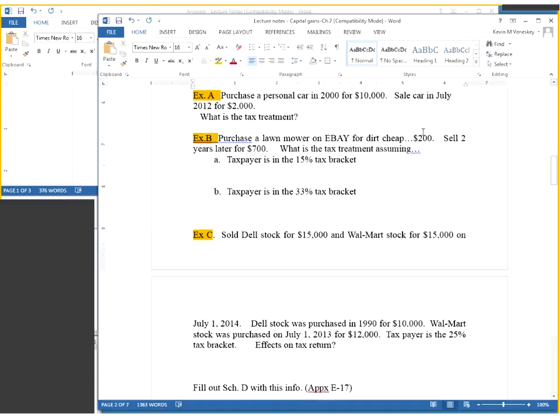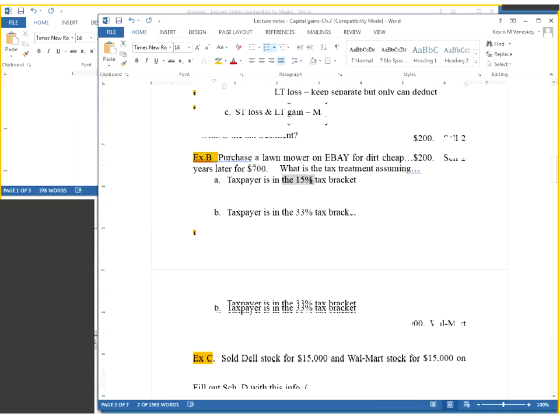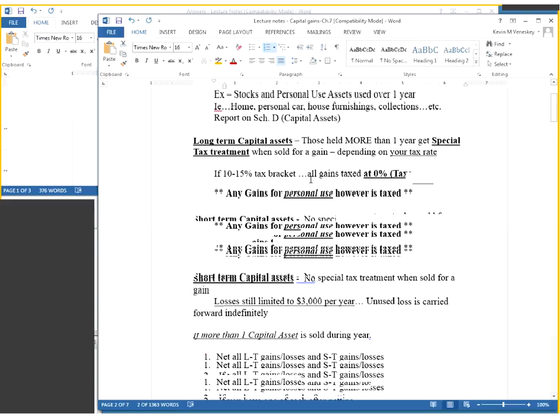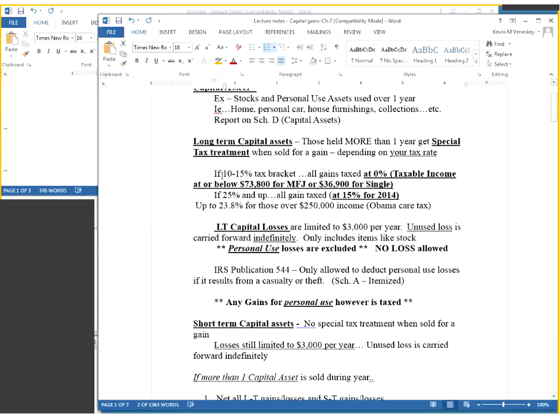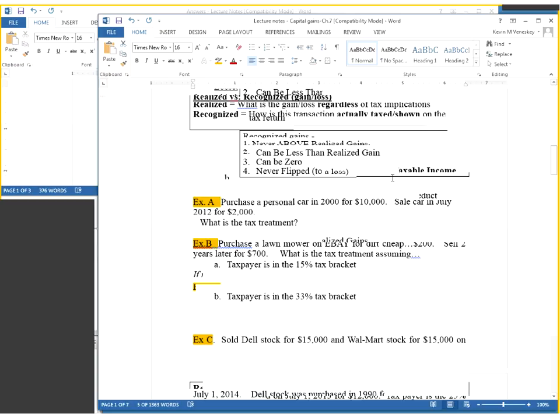Purchase a lawnmower on eBay for $200, sell it 2 years later for $700. Now, if this would actually ever get reported, probably not. But I'm just going through here what the tax rule actually says should happen. What is the tax treatment, assuming the taxpayer is in the 15% bracket? Remember back to our rules here. If you're in the 10 to 15% bracket, your taxable gain is at 0%.